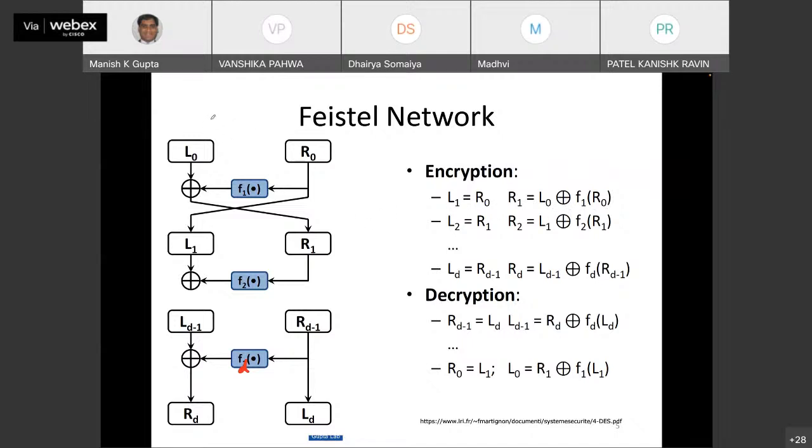Basically there are certain incoming bits; you divide them into a left half and a right half, and then do these operations. L2 is equal to R1, R2 is equal to L1 exclusive-or f2 of R1, and so on. This is how you do the encryption, and this is how you do the decryption. This is pretty standard, and this is the general framework for a Feistel network.